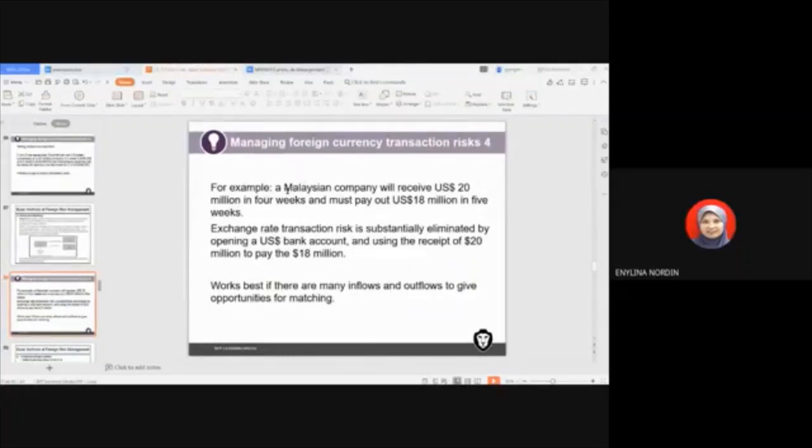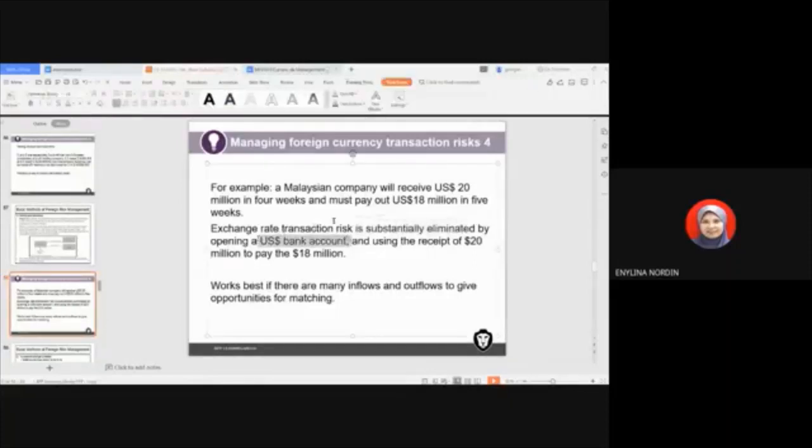Netting and matching. So in this one, let's say a Malaysian company will receive 20 million in 4 weeks and must pay out 18 million in 5 weeks. So the difference is only 1 week. So exchange rate transaction risk is substantially eliminated by opening a US dollar bank account. The company opens the bank account and then uses the receipts of 20 million US dollars to pay the 18 million.